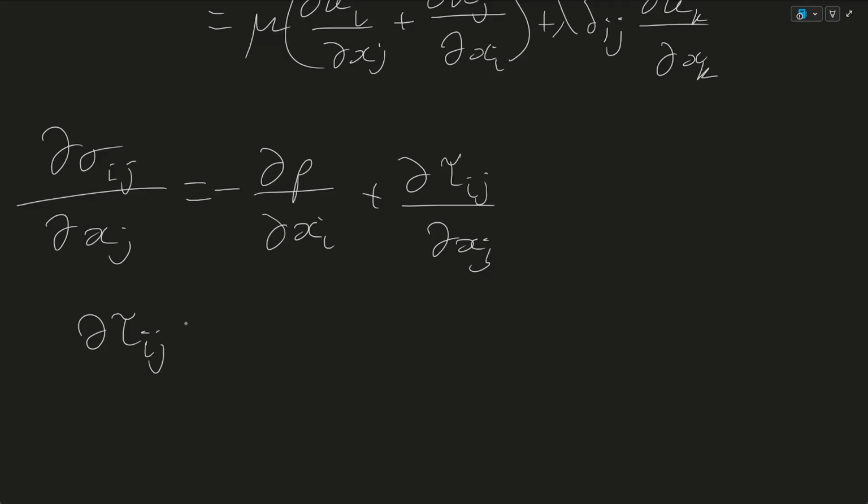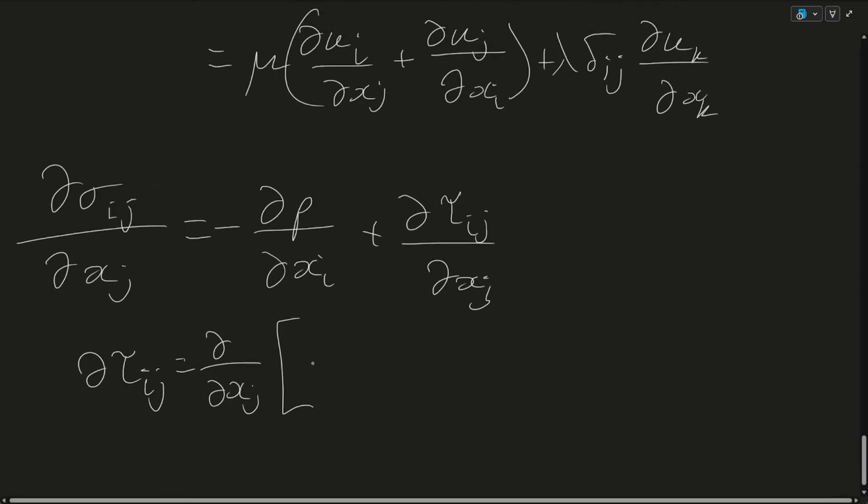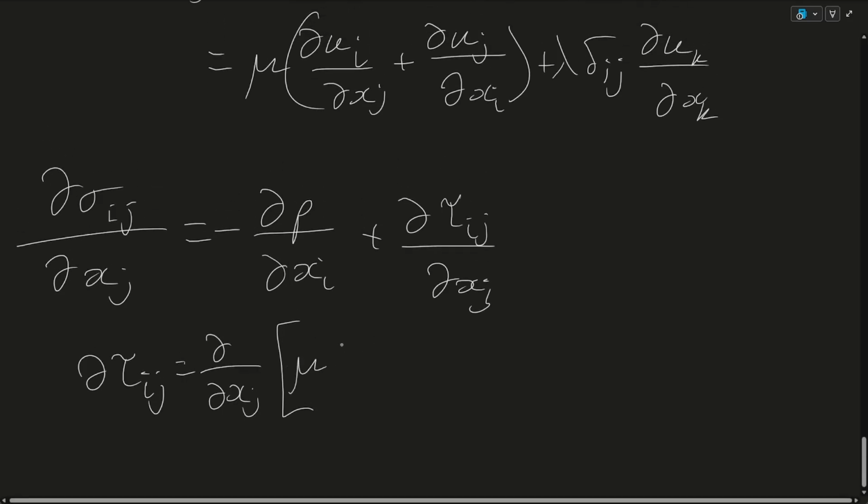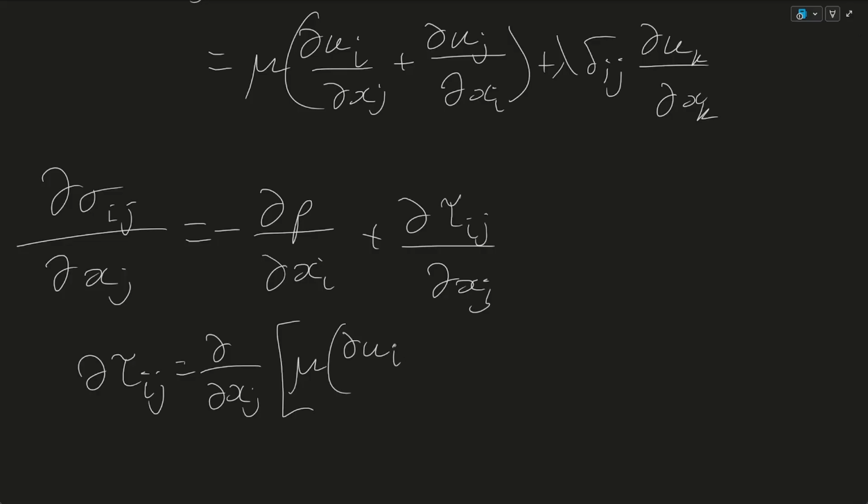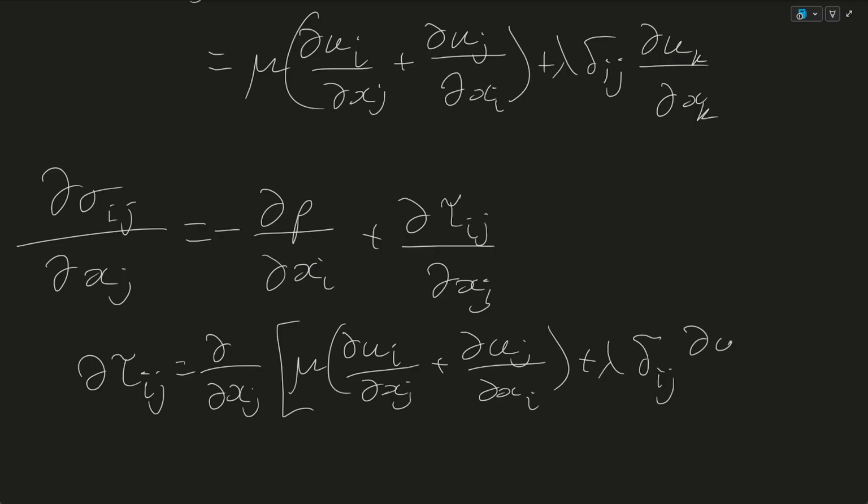The partial of tau ij with respect to xj is equal to the partial with respect to xj of that, which is mu times partial ui over partial xj plus partial uj over partial xi plus lambda delta ij partial uk over partial xk.